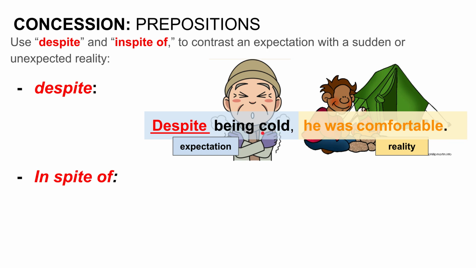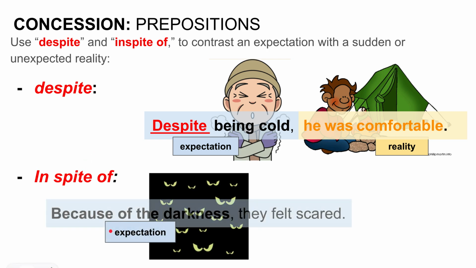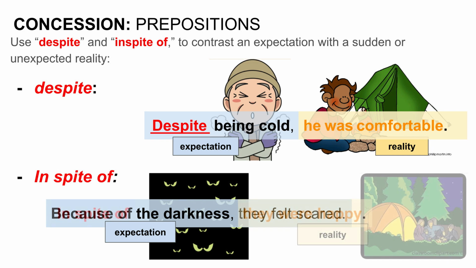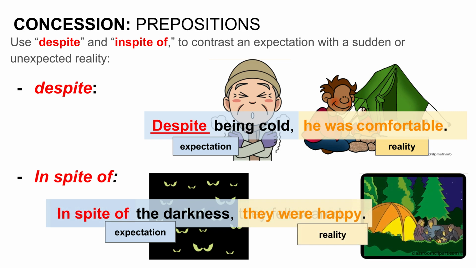Now, in spite of, expectation: because of the darkness, they felt scared. If it's dark, they should feel scared. Reality: in spite of the darkness, they were happy. So despite and in spite of are used to contrast expectation with a sudden or unexpected reality.